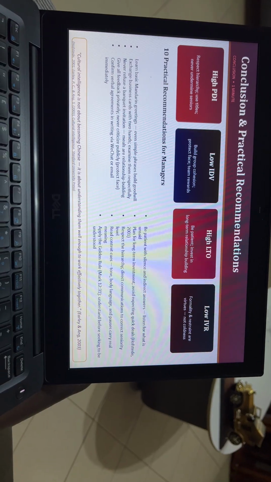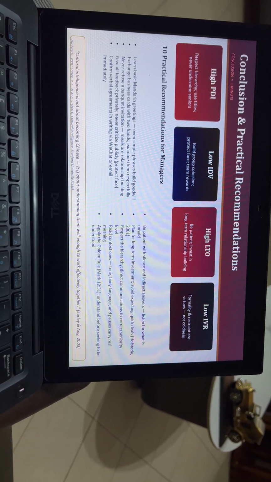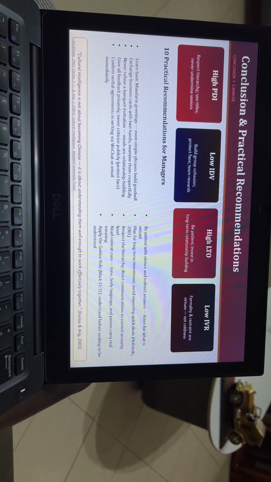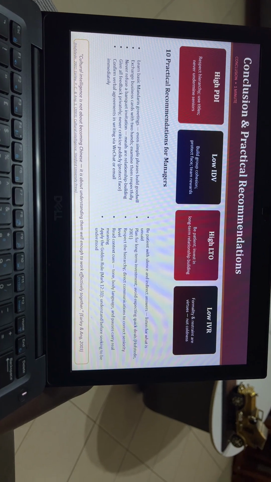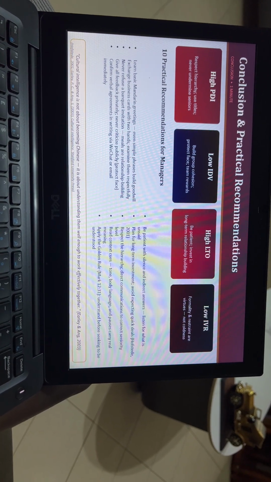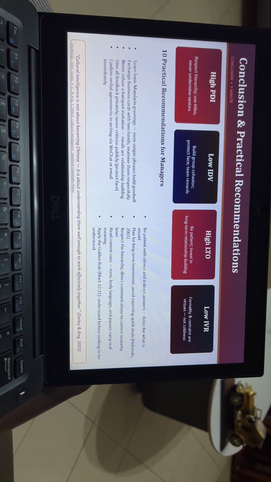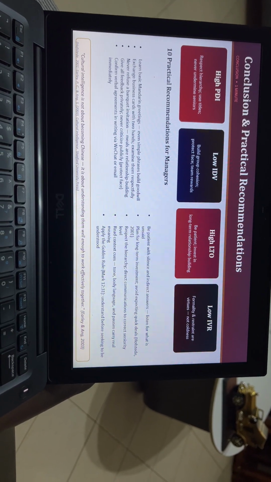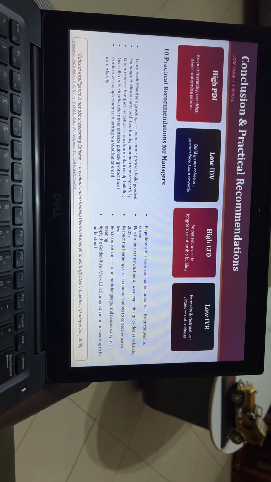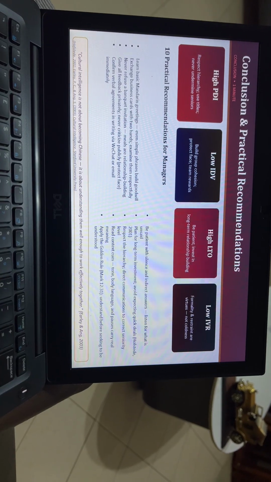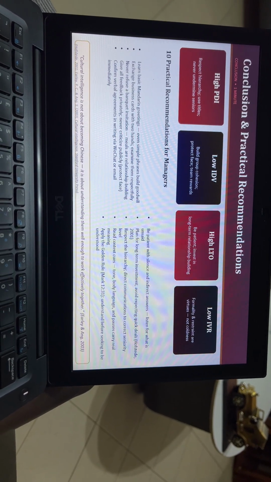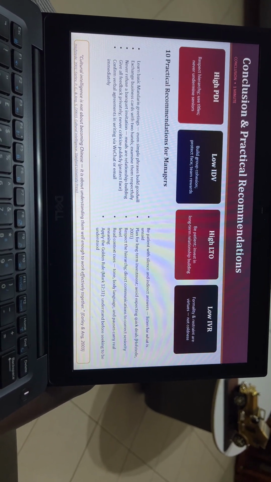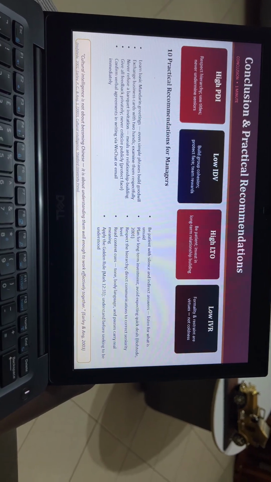Respect the hierarchy. Direct communication to correct seniority level. Read context cues, tone, body language, and pauses carry real meaning. Apply the golden rule, Mark 12:31. Understand before seeking to be understood.